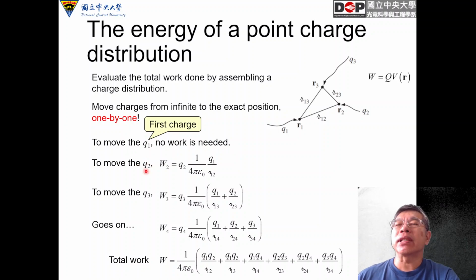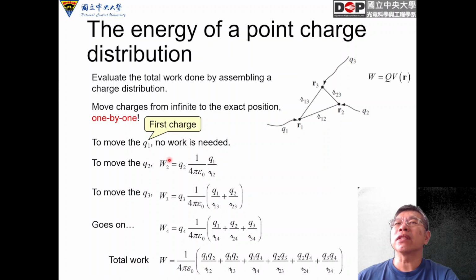But when we move the second charge, work is done from infinity to the location of the second charge. Here we note that the charge is Q2, but the distance we need to consider is the distance between the first charge and second charge, R12. So the field is given by the first charge.